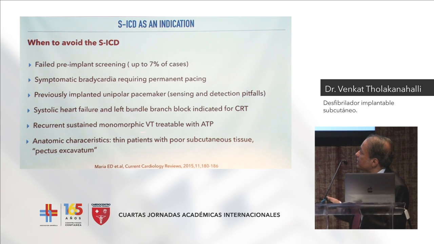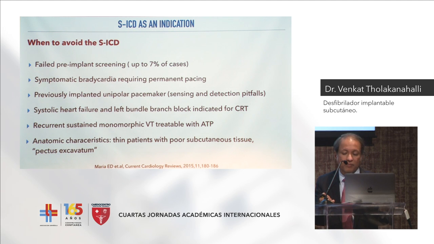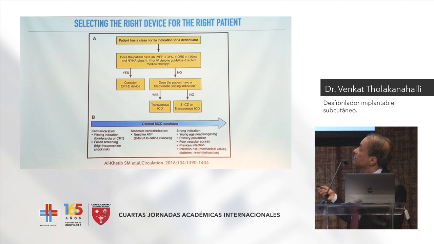Recurrent sustained monomorphic VT, where you need ATP treatment, which may do well without having to shock, you can think about not doing these patients. And some anatomical characteristics, like pectus excavatum, where it is hard to implant, are not ideal candidates. So it's basically the summary of the same thing. I don't want to belabor that part.